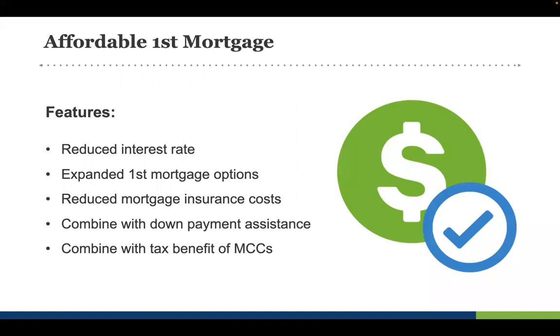Some of those mortgage options can offer reduced mortgage insurance costs, and many of them can be combined with either down payment assistance options from that same agency or perhaps layered with other agencies. Or if there are mortgage credit certificates available, sometimes you can leverage the mortgage product with the tax benefit of a mortgage credit certificate.